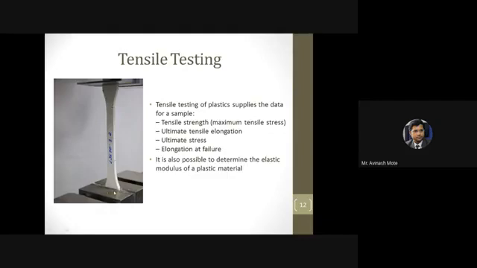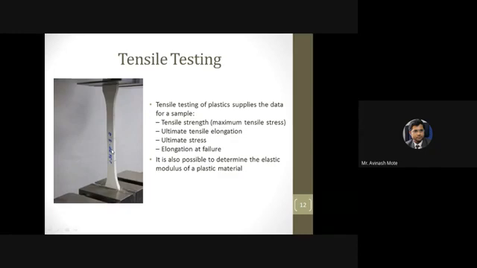You can consider the bottom as a base plate. Now what is going to happen is the movable fixture will stretch this plastic upward, and at some instant the plastic will break. Through that we get this stress strain curve for the tensile test, which is the output of the tensile test.